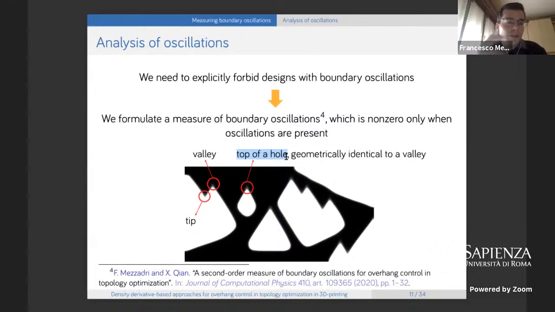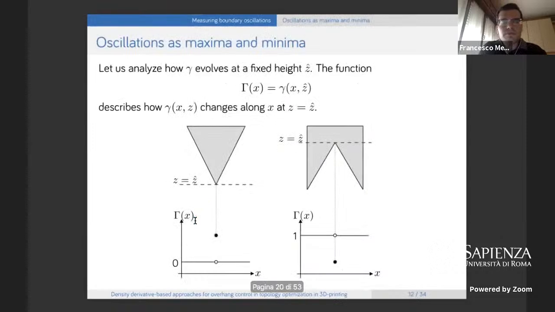So what we will do to suppress oscillations will not be to suppress valleys, because if we suppressed all valleys, we would end up suppressing all holes, and this is not what we want. So what we will do is to distinguish tips from valleys and then suppress tips of oscillating boundaries.